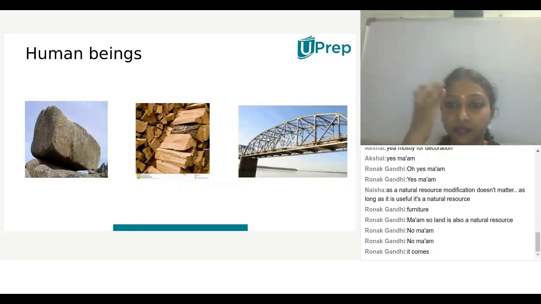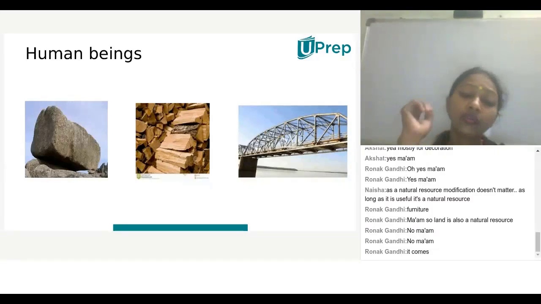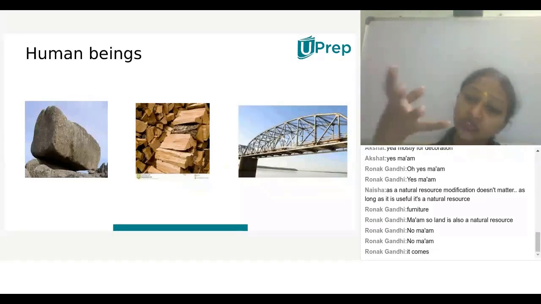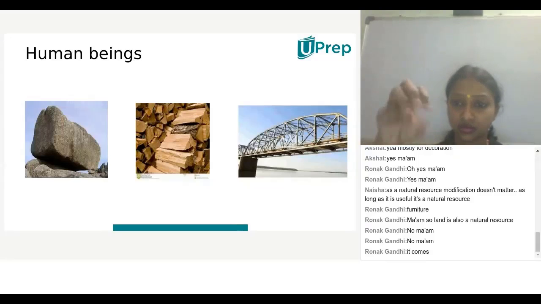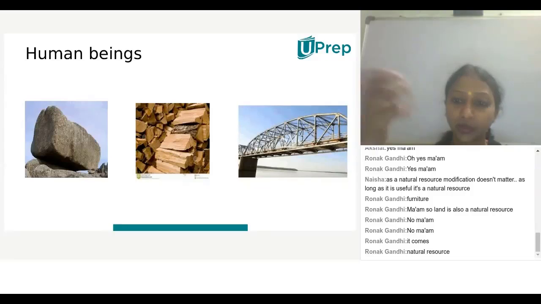In order to provide hydroelectricity or thermal power plants, and to run these industries, definitely it requires fuels. These fuels are also from the underground earth or from these minerals, natural resources.